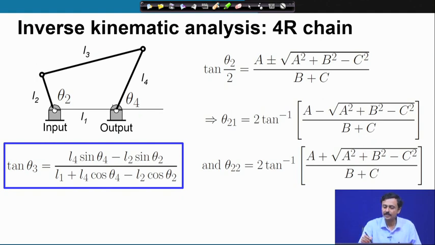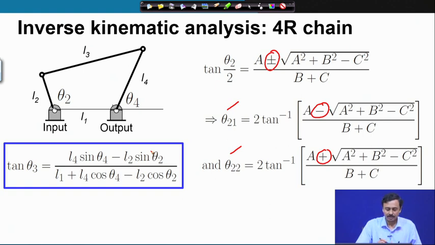If I have this, I get two solutions of theta 2, theta 2 1 and theta 2 2 by taking these two signs, one the negative sign and then the positive sign. I have these two solutions. Corresponding to these two solutions, I can solve for solutions of theta 3. So, as you know, this will also have two solutions.